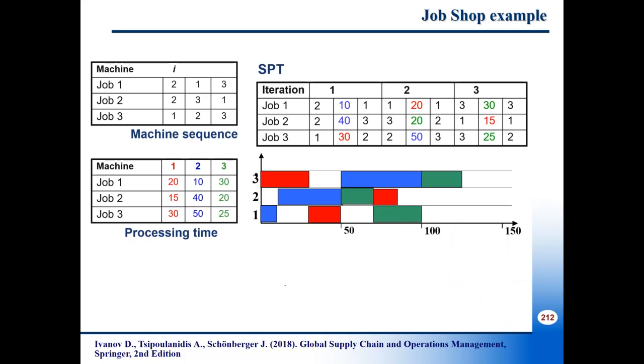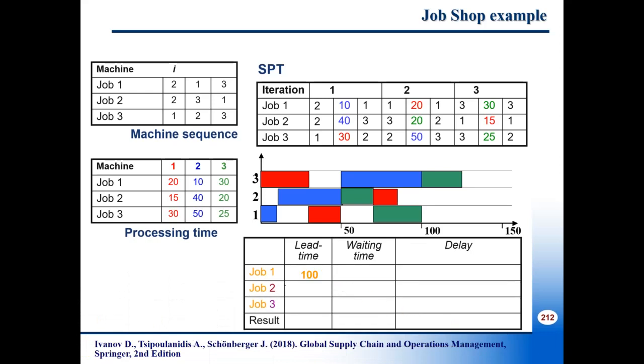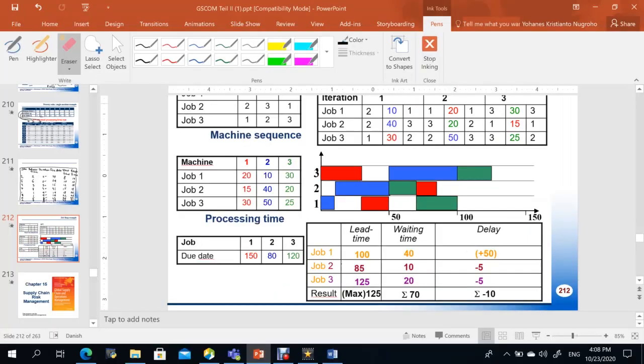And then we start calculating lead times. For job number 1, that is equal to 100. So where does it come from? It comes from here. First, we put the processing time in each bar in our Gantt chart. For instance, for this bar, we have 10, that is job number 1 to be processed by machine number 2.